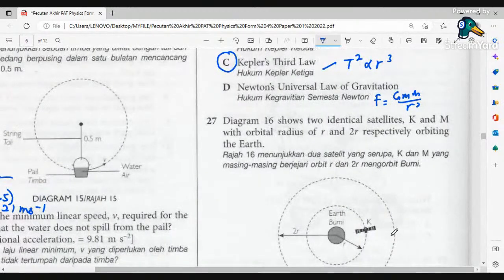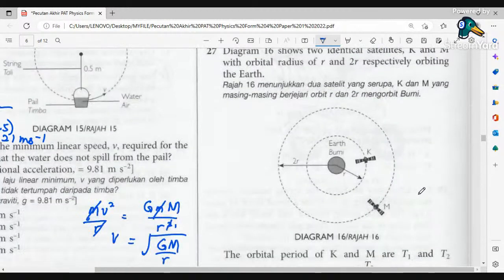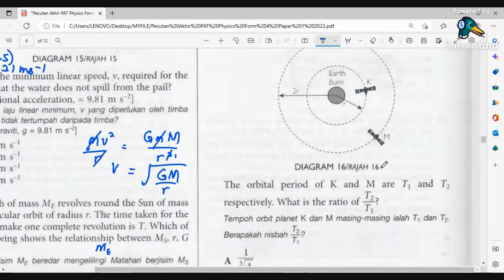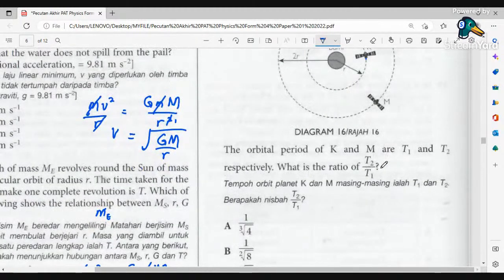Number 27. Two identical satellites K and M have orbital radii R and 2R respectively. You can see there are two satellites here, K and M. Their orbital periods are T1 and T2. What is the ratio of T2 over T1? For this one, we apply Kepler's third law.